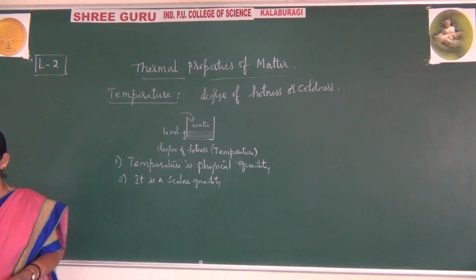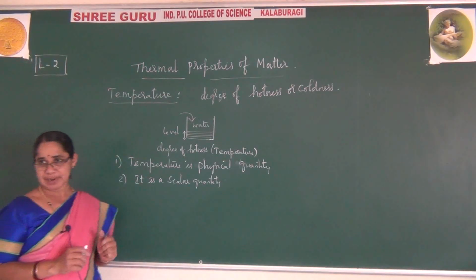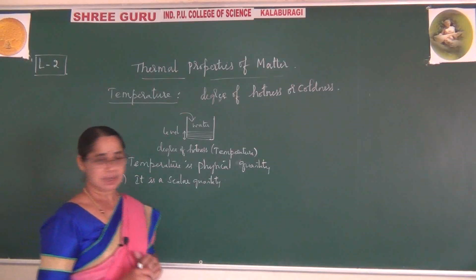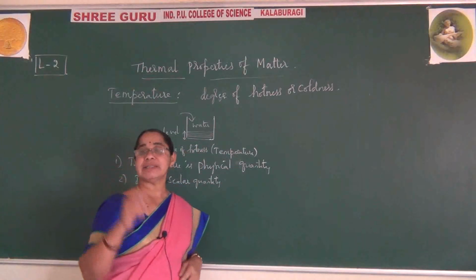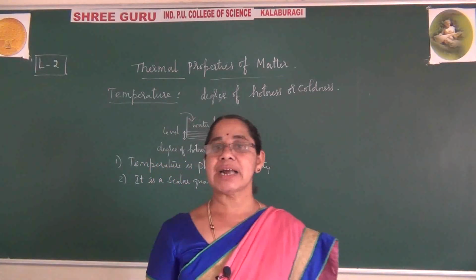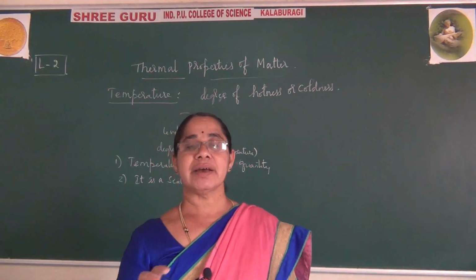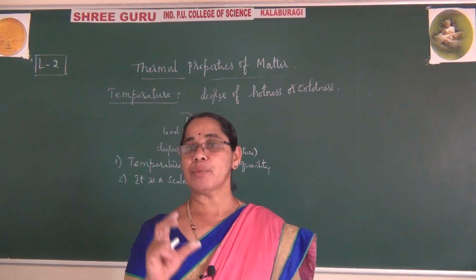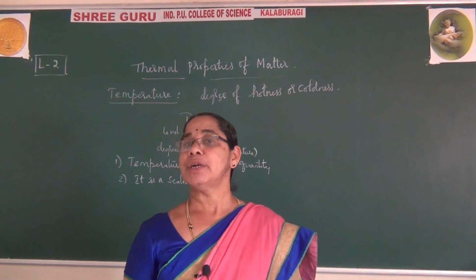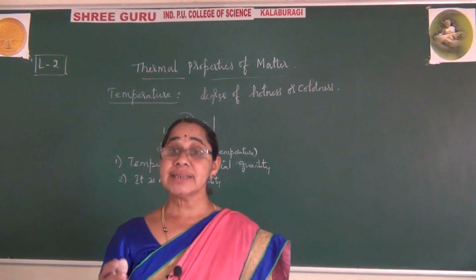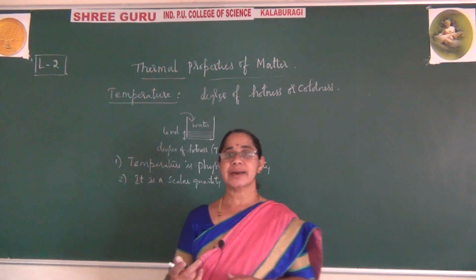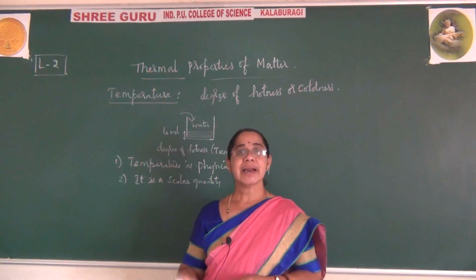To explain this temperature, we are supplying some heat. When you supply heat, what happens? The molecules in the container start moving. The motion of the molecules takes place, due to which the kinetic energy of the molecules increases. As the kinetic energy of the molecules increases, the temperature rises.